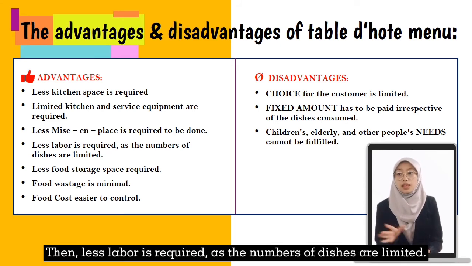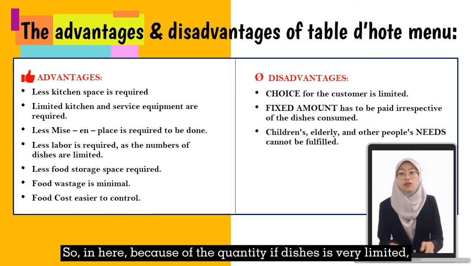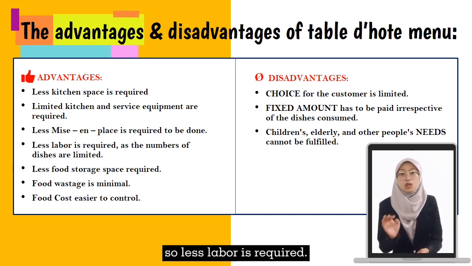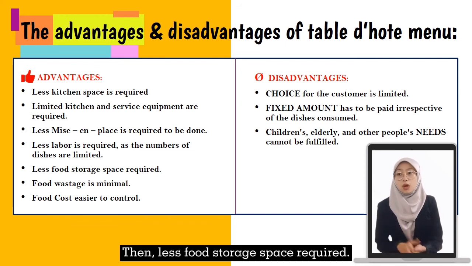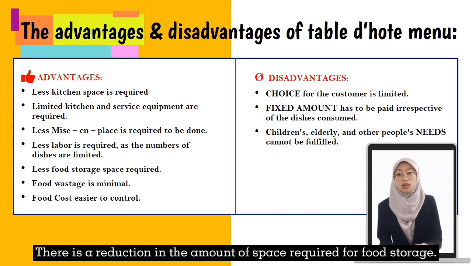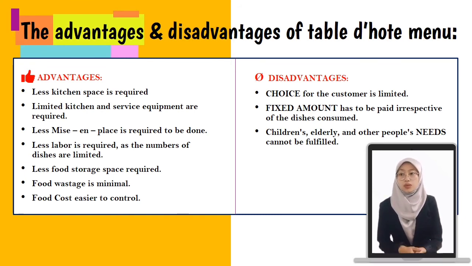Then, less labor is required as the number of dishes is limited. Because the quantity of dishes is very limited, less labor is required. Then, less food storage space required. There is a reduction in the amount of space required for food storage.